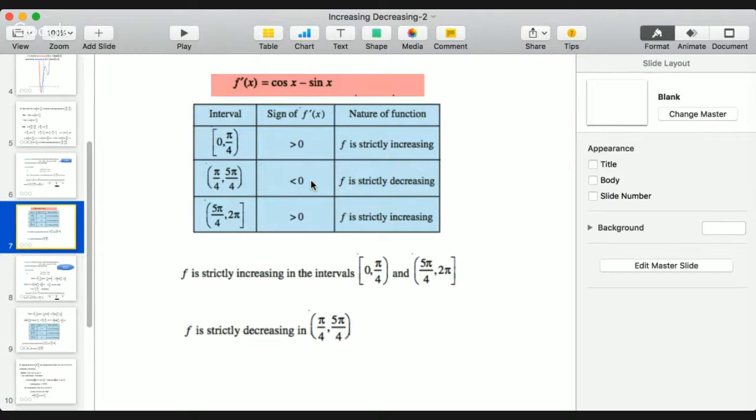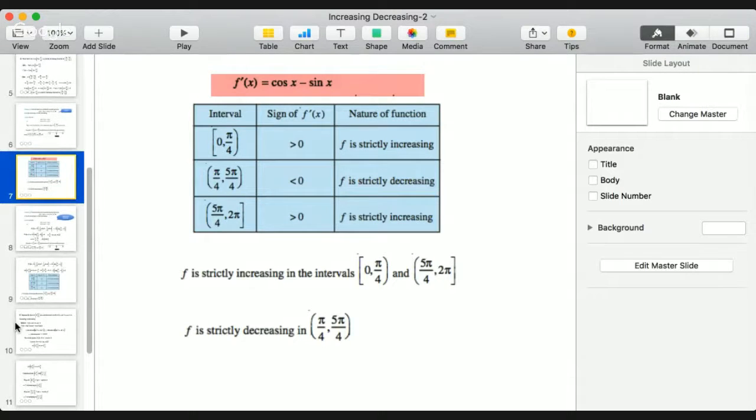Similarly, we check the fourth quadrant as well, and that gives a positive value. So it's strictly increasing in the intervals 0 to pi by 4 and 5 pi by 4 to 2 pi, and it's decreasing in pi by 4 to 5 pi by 4.